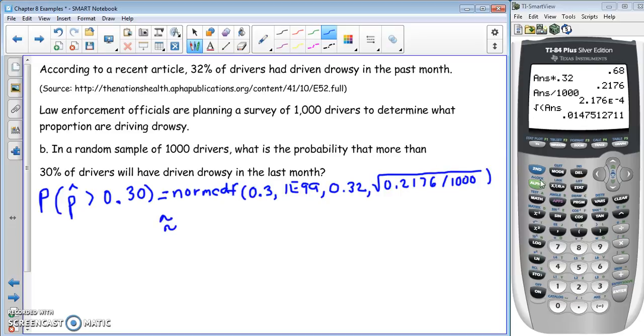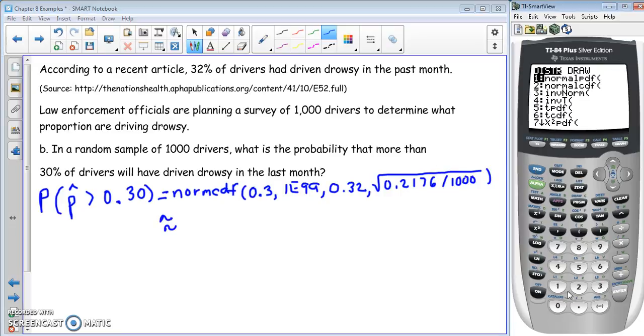So we're going to do second vars 2, 0.3, comma, 1 second comma E99, comma, 0.32, comma, second squared, which will give us the square root, 0.2176 divided by 1,000.